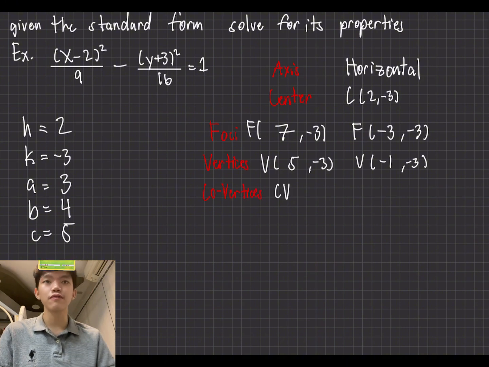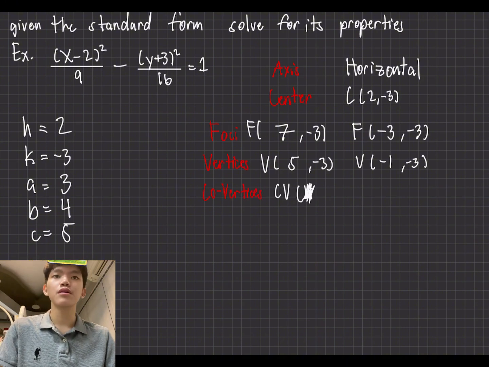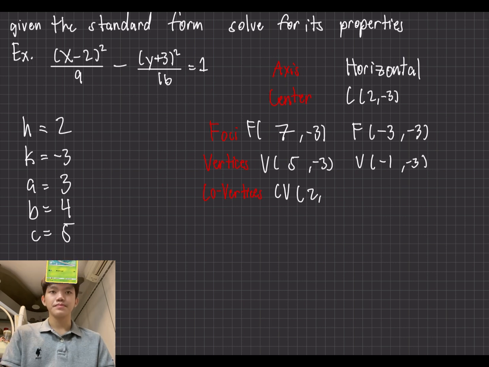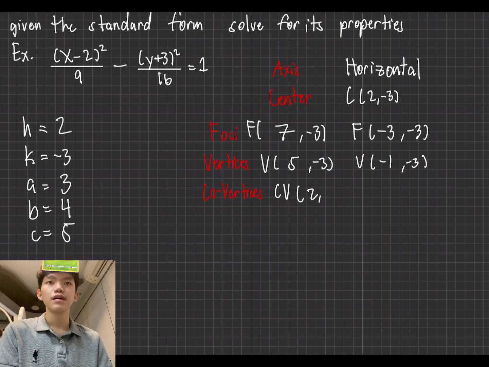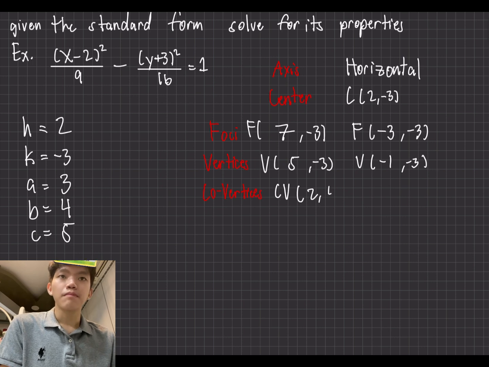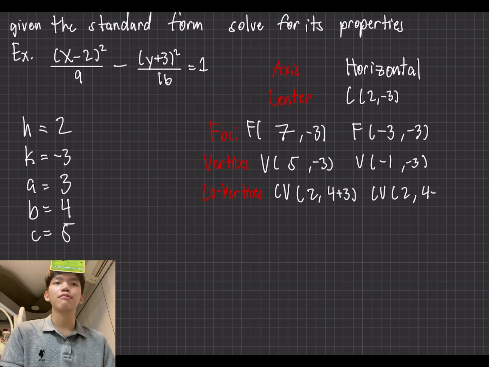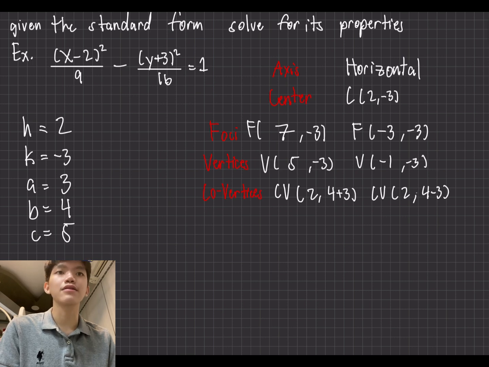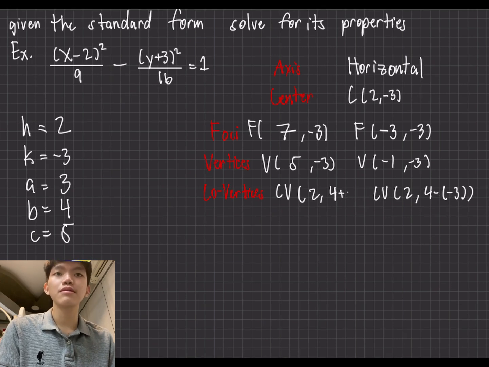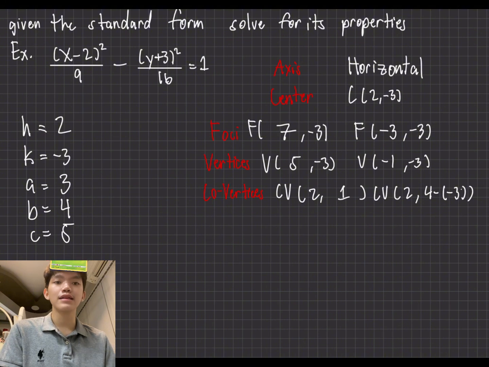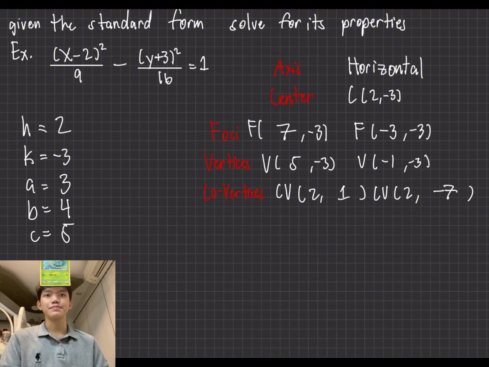So for our co-vertices, we have 2 comma 4 plus negative 3 and 2 comma 4 minus negative 3. So it will be positive 1 and negative 7.